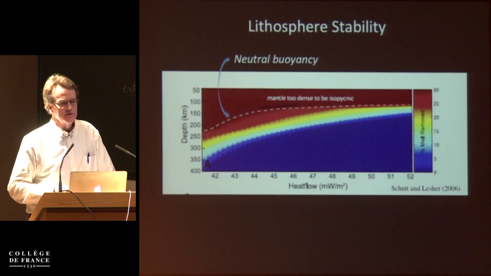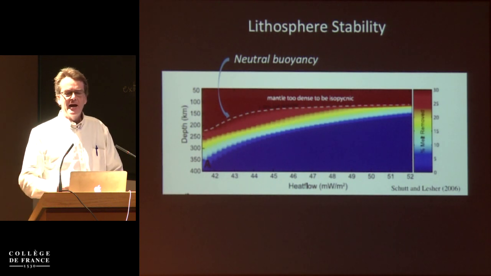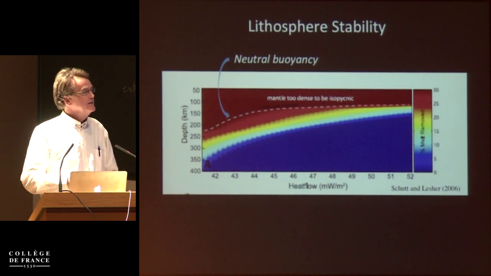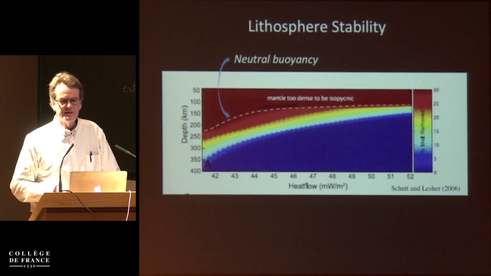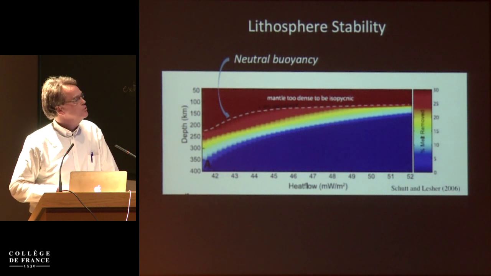And this is plotted as a function of the surface heat flow. So as the surface heat flow decreases for that geotherm, you're intersecting that neutral buoyancy at greater and greater depths.